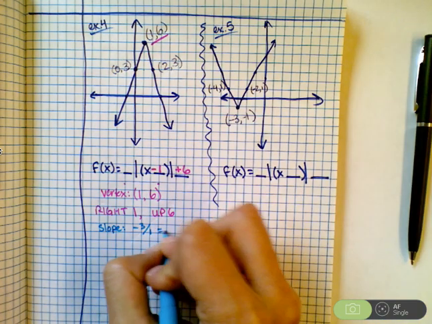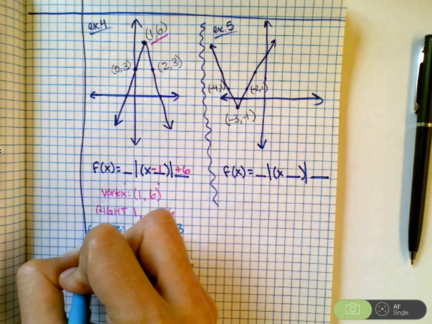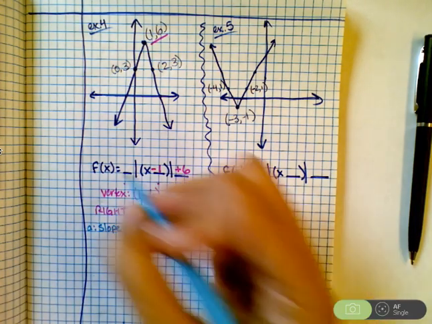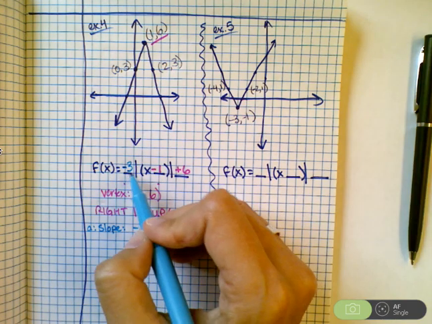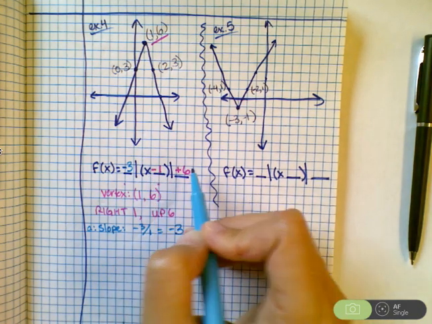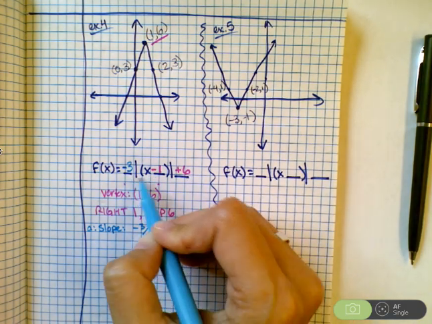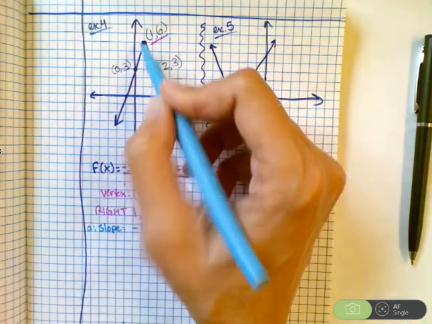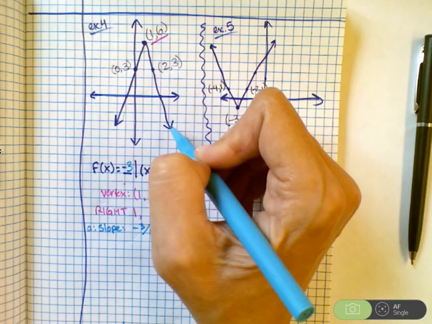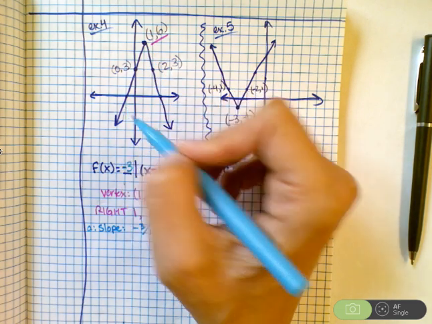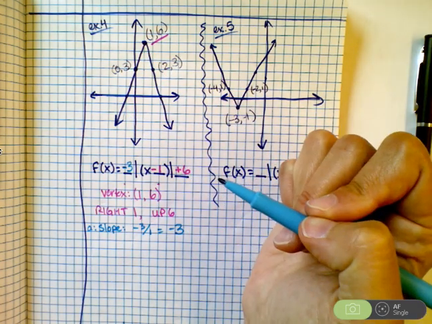So what that means is the a value, or the number out front, must be -3. So -3 absolute value of x minus 1 plus 6. And the reason we know it's the absolute value is because it's that V shape. This time it's upside down, but it's still the same V shape, basically two linear functions put together.